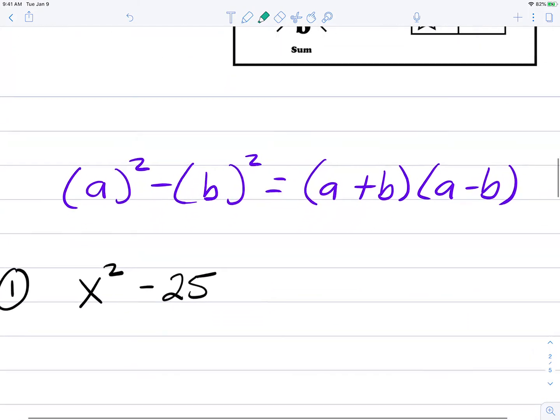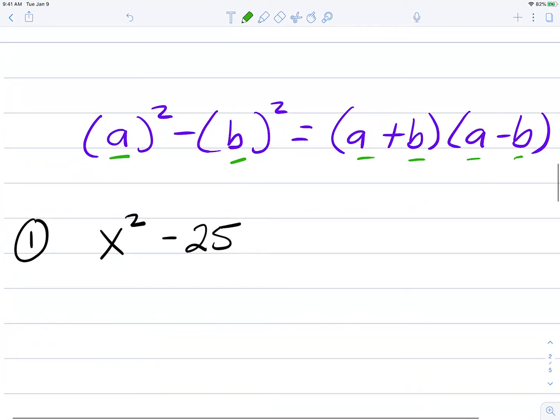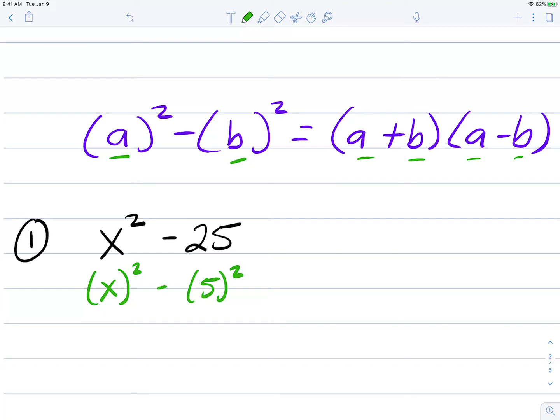The generic version, since I can't draw squares like that, uses a's and b's. So it's a squared, something squared, minus b squared, something squared, and we end up with a plus and a minus binomial. Let's actually practice that. x squared minus 25. x squared is just x squared, and 25 is 5 squared, and there's a minus sign in between.